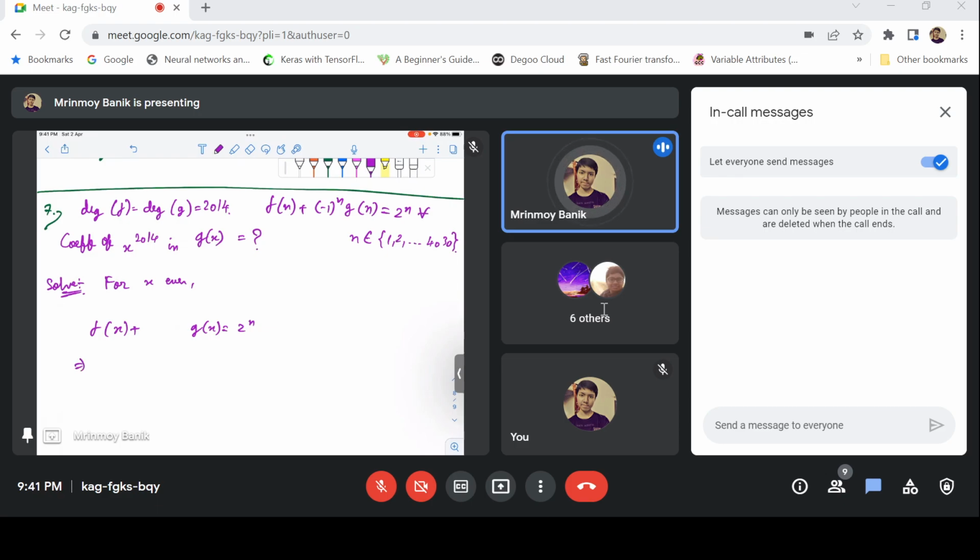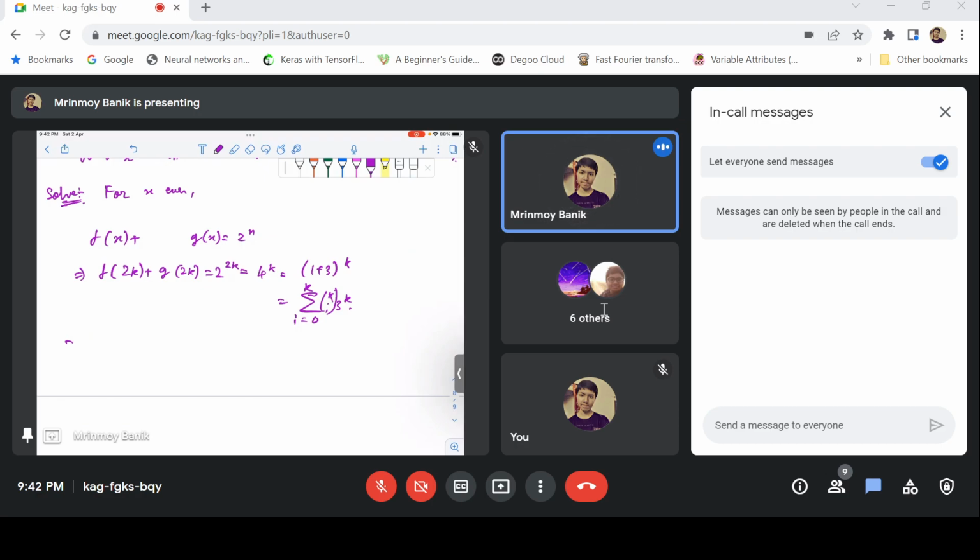Since x is even, we can write it as 2k. So g(2k) plus f(2k) equals 2^{2k}, which is 4 to the power k. Write it as 1 plus 3, to the power k. So it's a sum over i from 0 through k of k choose i times 3 to the power i.